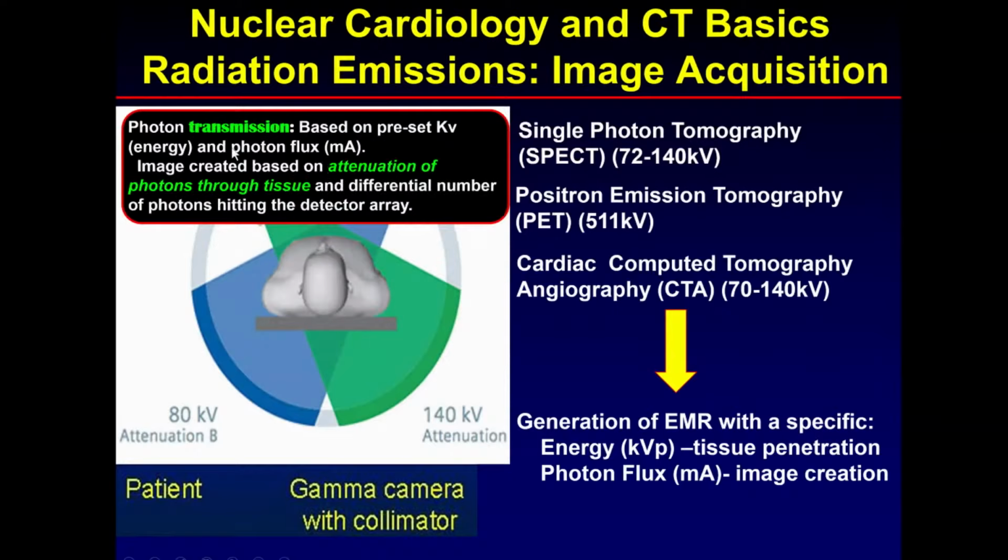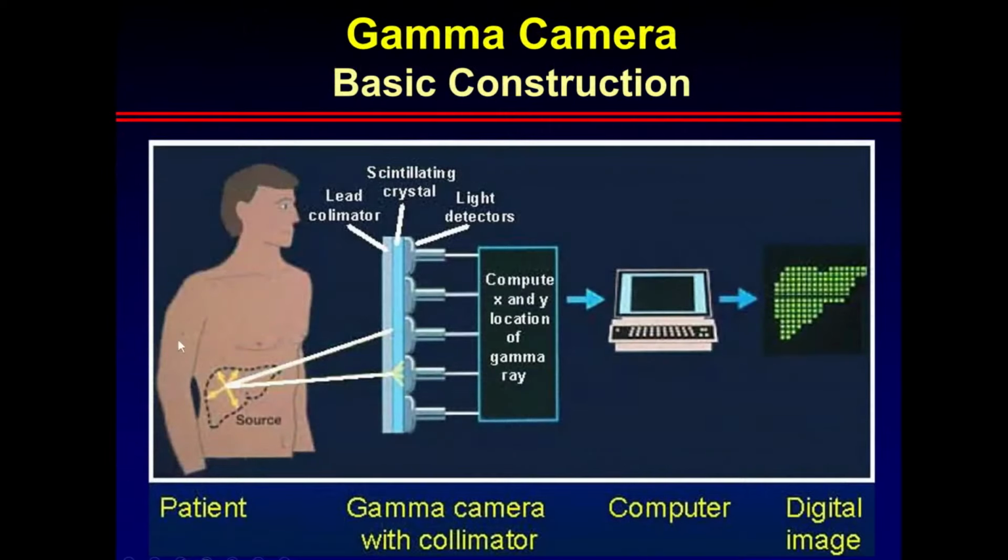And this is based on how well photons actually get through the body or are attenuated in tissue before they get to the detector arrays. So CT is a transmission type of scan. Nuclear imaging is emission with collection of photons, but except for those differences, they're very similar in many ways. So let's get back to how we construct an image.